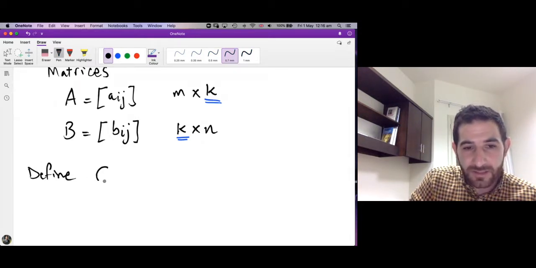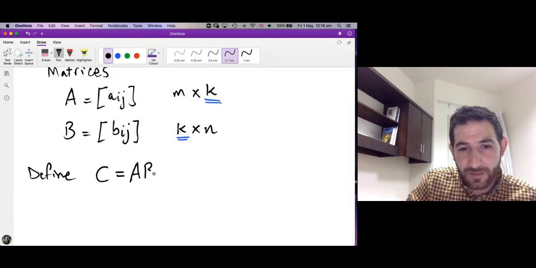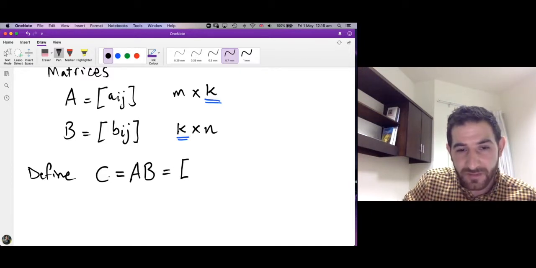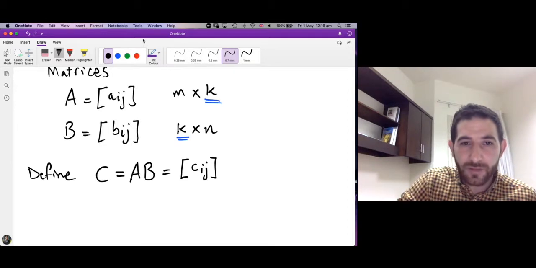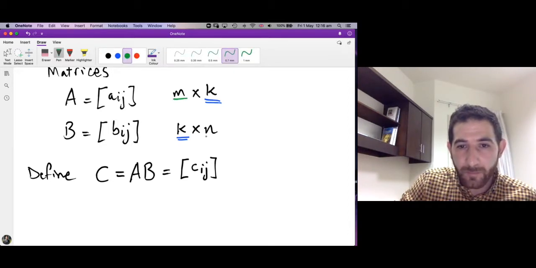Let's call it C, where C is A times B, and let's denote the entries of this new matrix by Cij. And I am telling you that this matrix will be of dimension m by n.